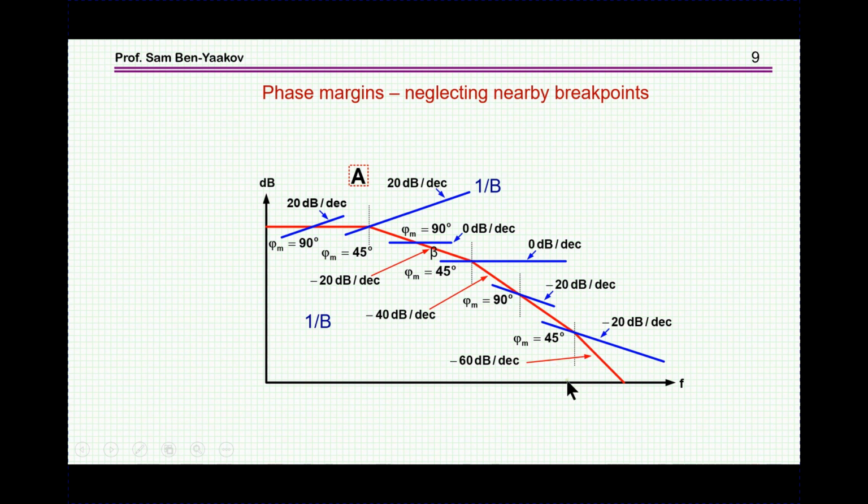In this case, if we are at the pole at the breakover frequency, we'll have a 45 degree phase margin. So this is something that I've already discussed in part 1 of this sequence, so you're welcome to look at it.